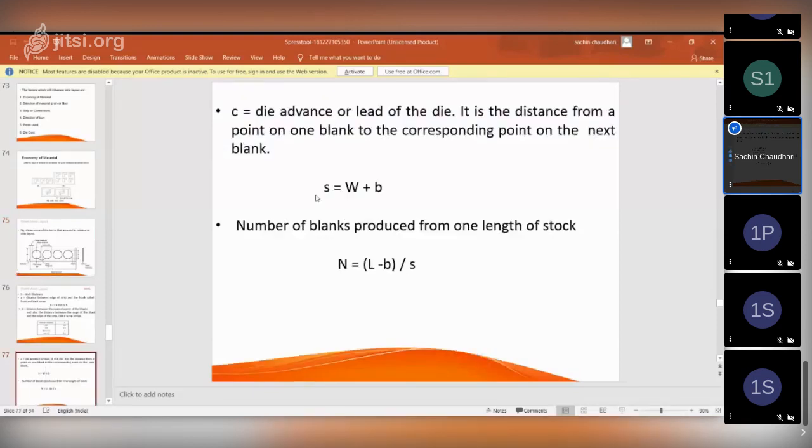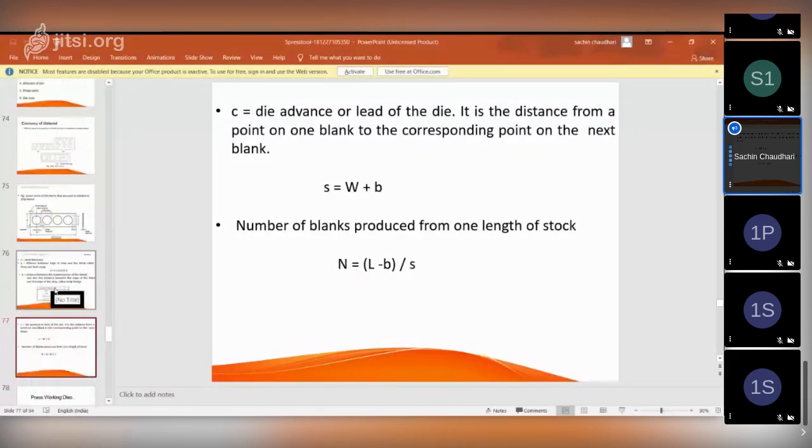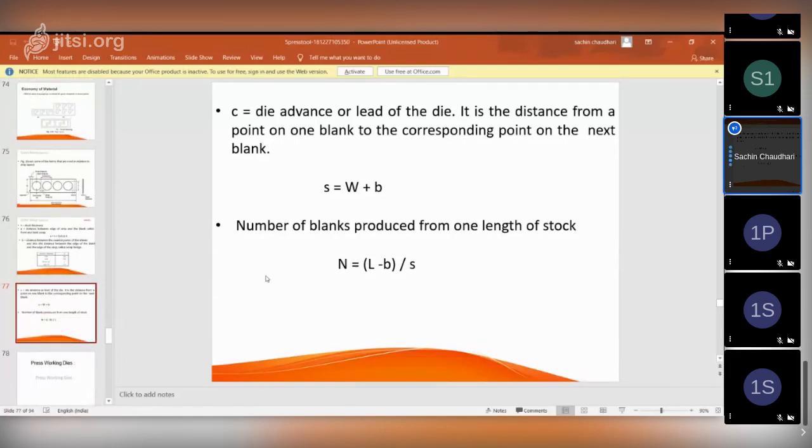So these are the total three distances and three formulas given. For B we have to use a thumb rule, and there is a table for that. Next, what remains is the number of blanks to be produced in one length of stock. That is also an important part: how many blanks you will get from one unit length of stock.